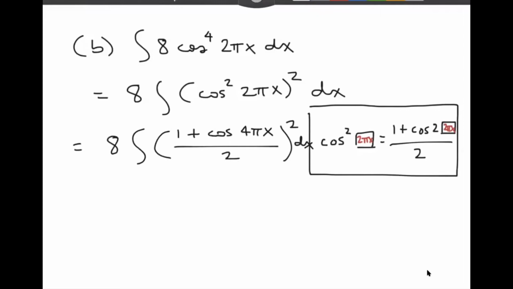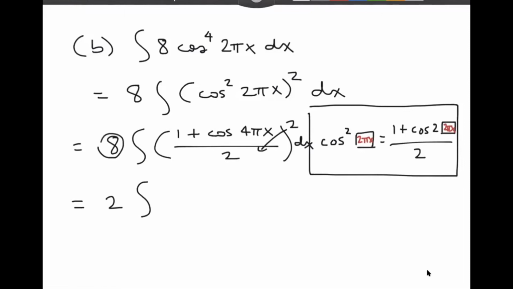Okay. All right, so now what I have to do is multiply this out. First, let me point out that when I square this fraction, the denominator is going to be a 4. Let's take that 4 and divide it into the 8, and that'll just make this a 2. Okay. So no more fraction in the integrand.